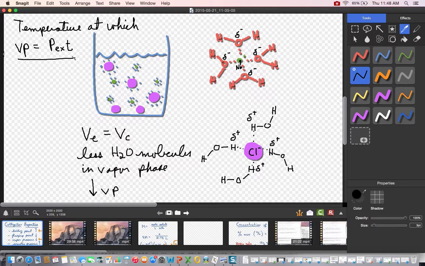Because adding solute lowers the vapor pressure, I must input more heat energy to break these IMFs so that more water molecules are in the vapor phase at equilibrium. Said another way, when I lower the vapor pressure, there is a concomitant increasing of the boiling point. They are intrinsically linked to one another.